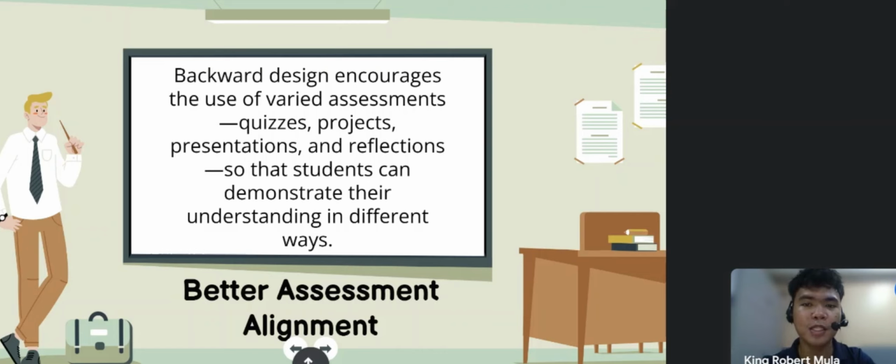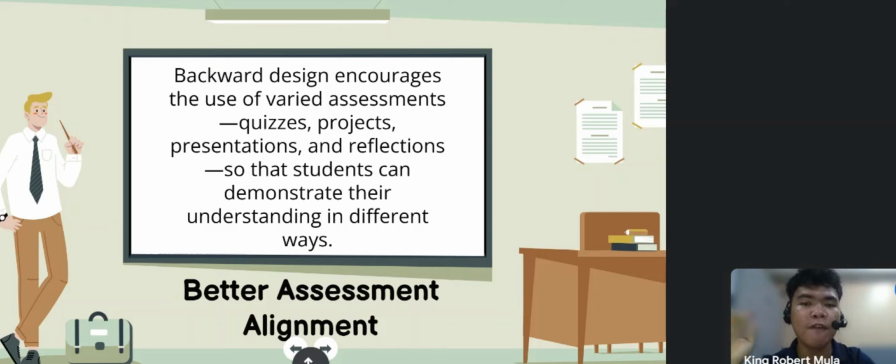Next is multiple forms of assessment. Backward design encourages the use of varied assessments like quizzes, projects, presentations, and reflections, so that students can demonstrate their understanding in different ways. This gives teachers a more holistic view of student progress and ensures that assessment measures more than just rote memorization.